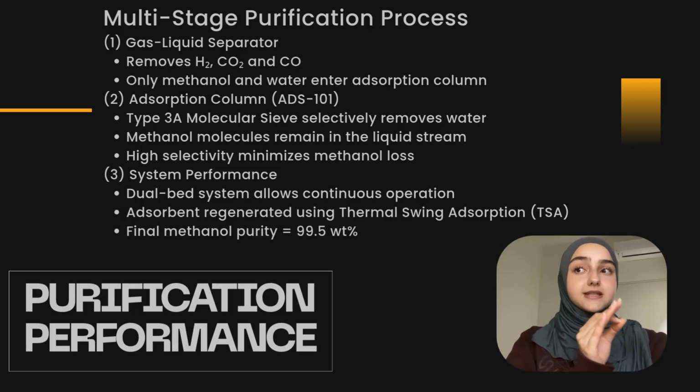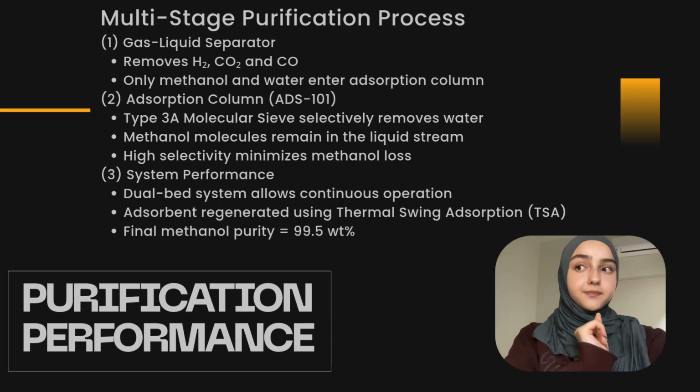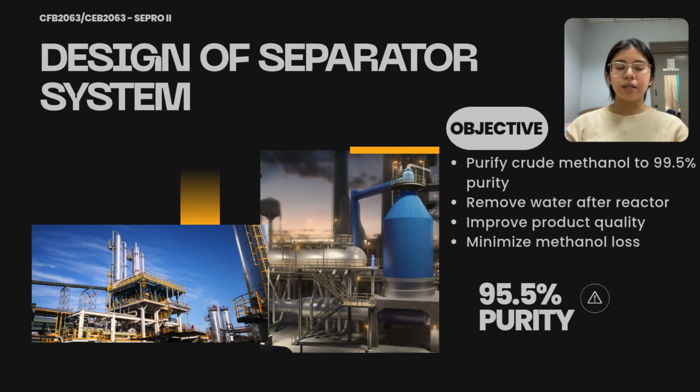A dual bed system with thermal swing adsorption, or TSA, enables continuous operation by regenerating one bed while the other is in use. As a result, the process achieves the target methanol purity of 99.5%.